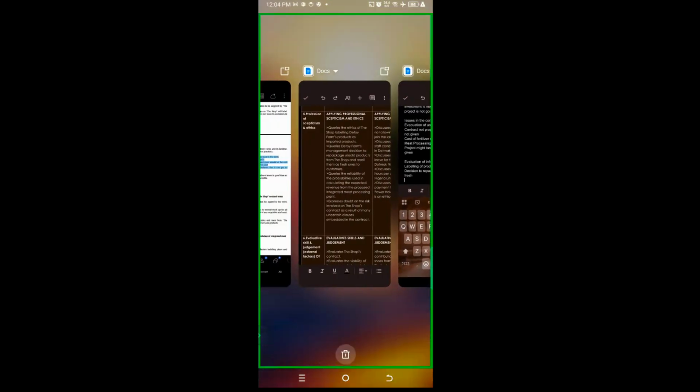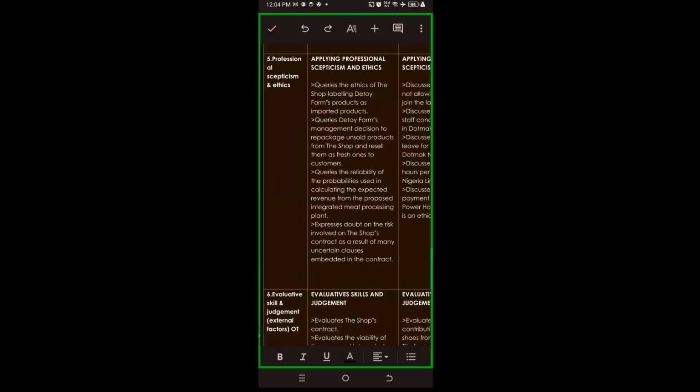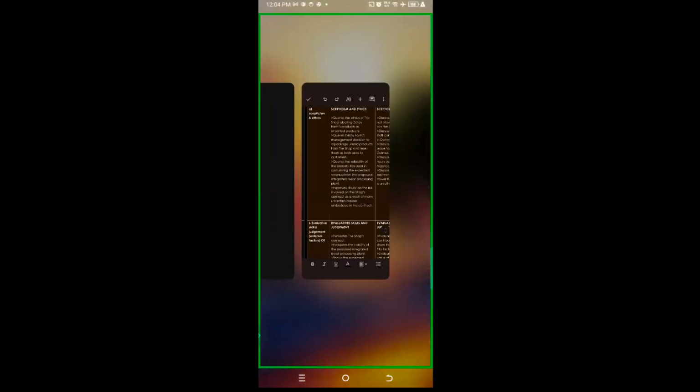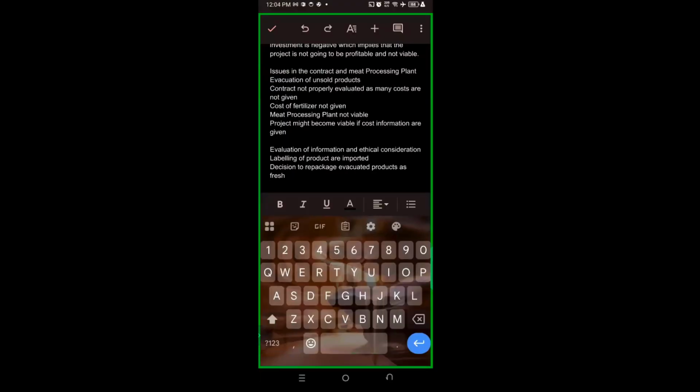Then another ethical issue, reliability of probabilities used. Estimates used for processing plant cash profit.